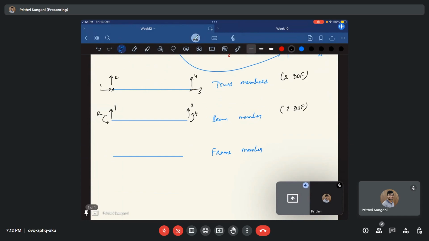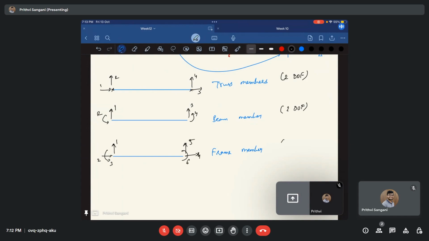What about the frame member? A frame member, in addition to the beam member, can also have an axial compression or axial displacement. So it can have something like this. Let us write it as 1, 2, 3, and 4, 5 and 6.